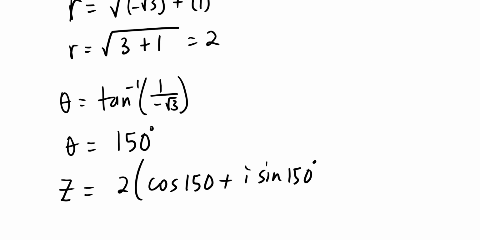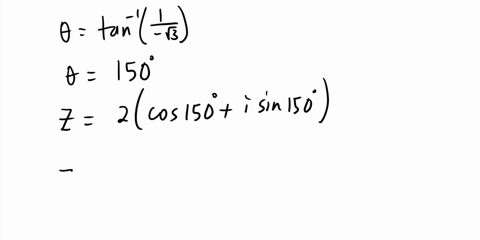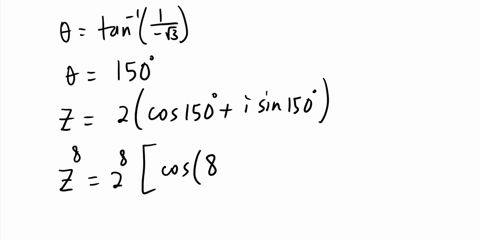You can do it in degrees or radians. I did the first one with radians, so I can do it in degrees this time. Now we are required to find z to the 8th power. So that would be 2 to the 8th, cosine 8 times 150 plus i sine 8 times 150, by de Moivre's theorem.